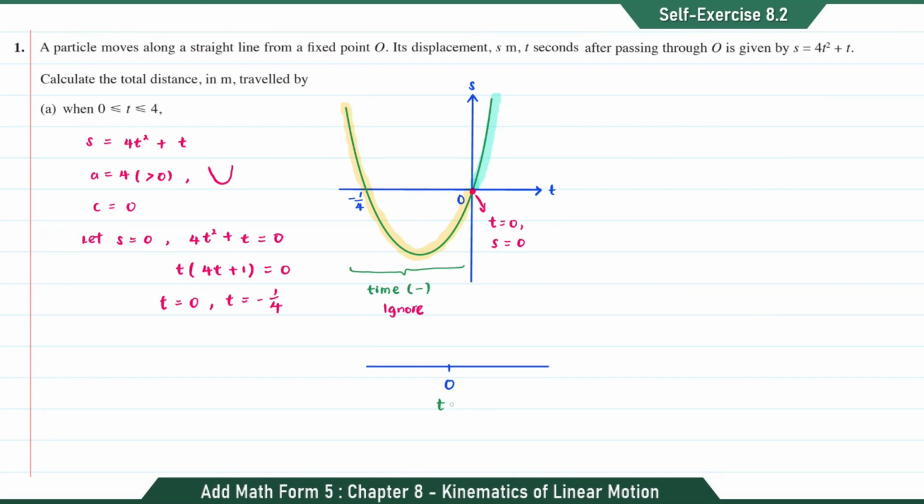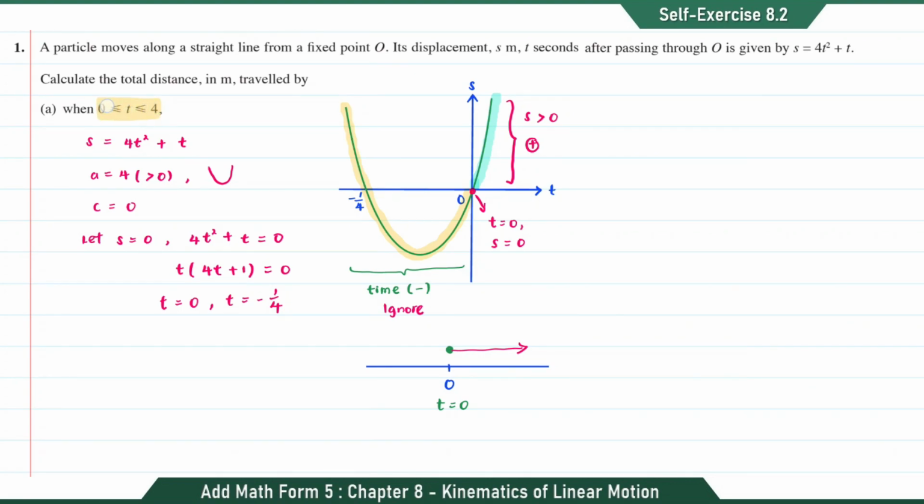This means when the time is equal to 0, the particle is at the fixed point O. And from the graph, the displacement is always positive. Therefore, s is greater than 0. This means the particle is moving to the right-hand side of the fixed point O without any turning point. Therefore, the total distance will equal its displacement.